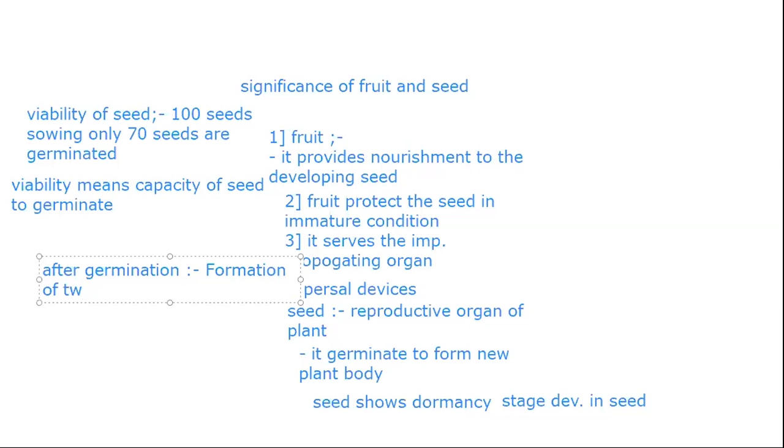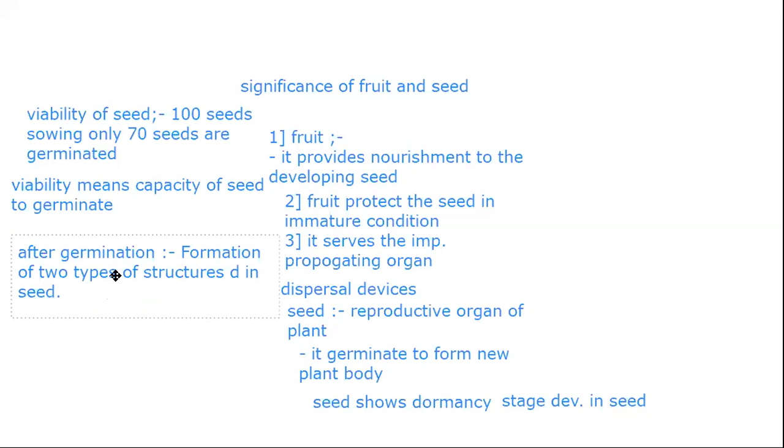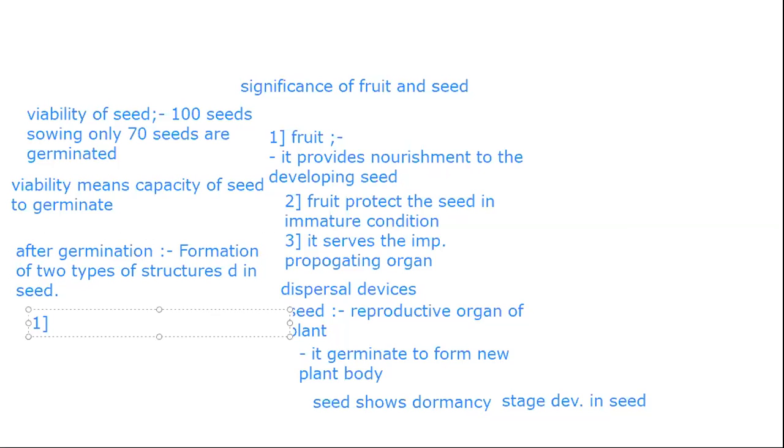Two types of structures develop in the seed, and these structures are number one, plumule, and number two, the radicle.